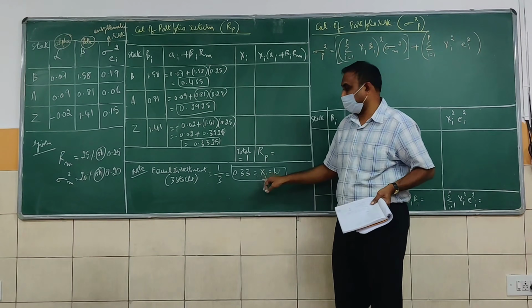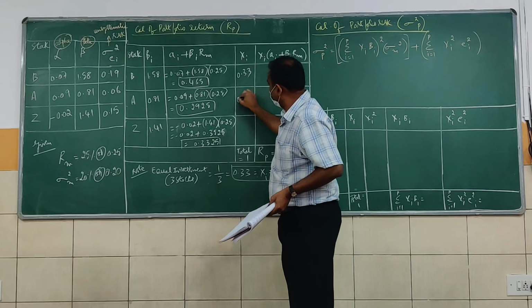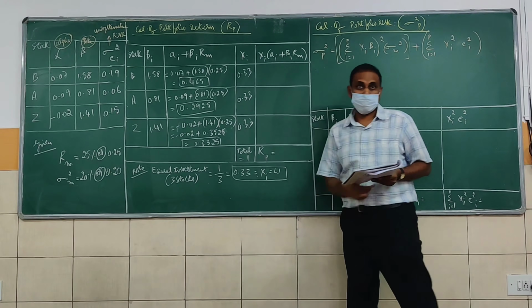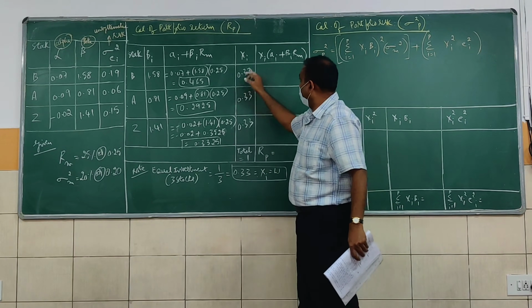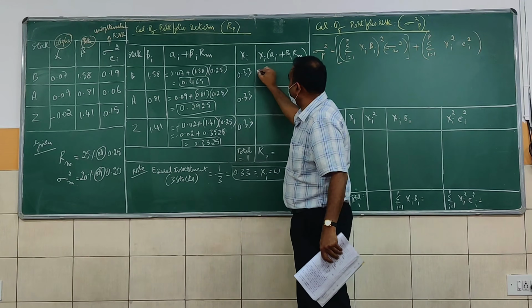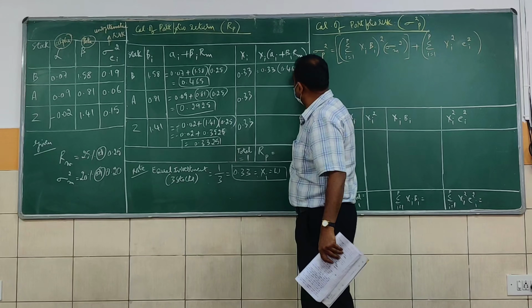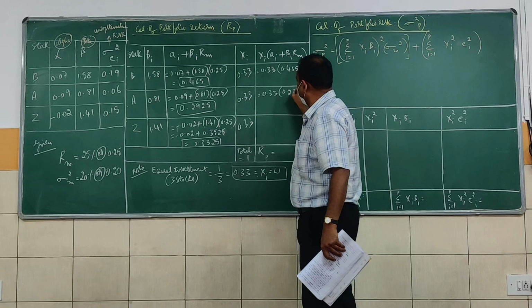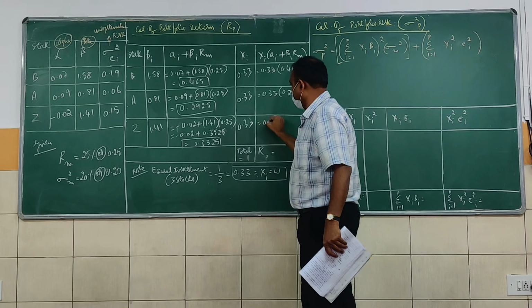Okay. Xi I have written already here, 0.33. Correct? Now multiply Xi into this value. I have told earlier also, substitution is the key.